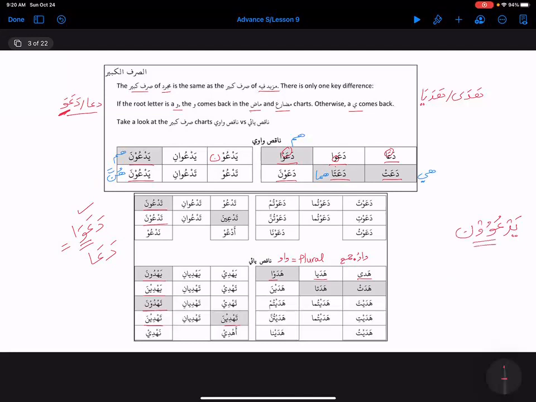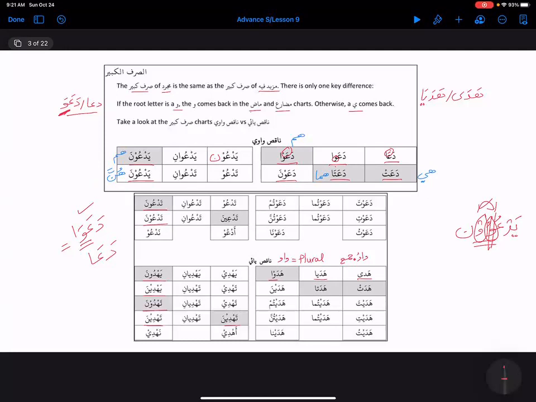So what happened when we have this weak root letter waw, and it is meeting with the waw of jama? This waw of jama is going to eat the weak root letter waw. So it is going to be dropped, it's done, it's eaten. And now we have yad'una.